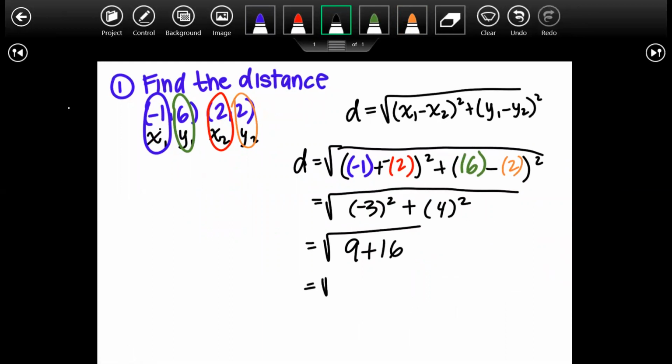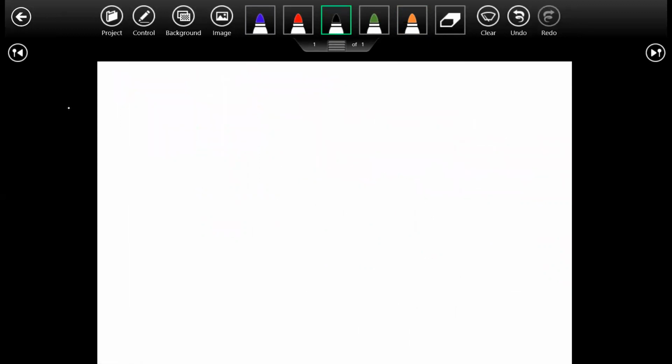I'm showing you guys all the steps for this one. It's 5. That's what you guys got. Right. So this is the long way of doing it. Definitely want to be able to use the distance formula tomorrow. I'll be providing it to you guys as well. I'm going to clear it. Let me get some lines in here too.